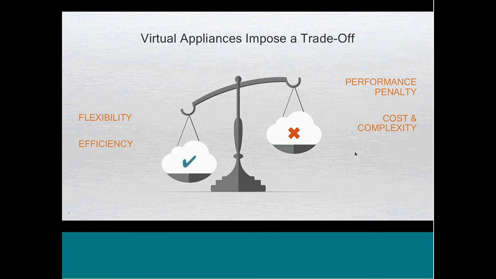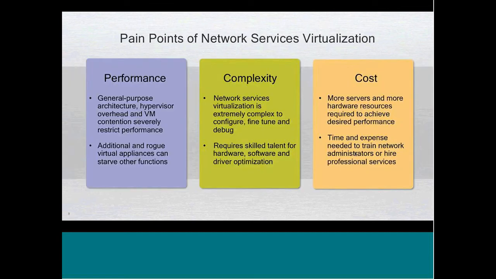But on the negative side, there is a performance penalty because it may not be able to match the performance and scale of a dedicated networking appliance that is built on custom silicon. It can also add cost and complexity, because to achieve the same amount of performance, you may have to throw more hardware or more servers at it. So there is a trade-off that's going on.